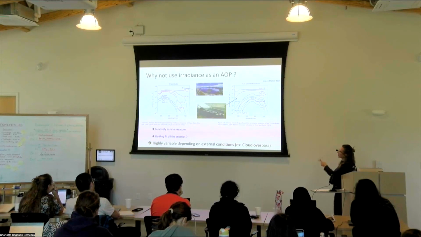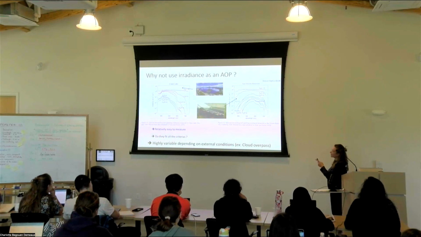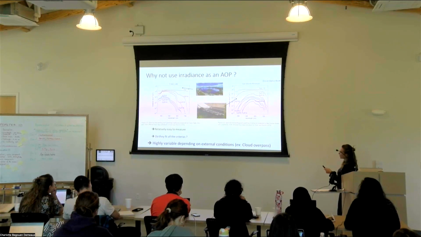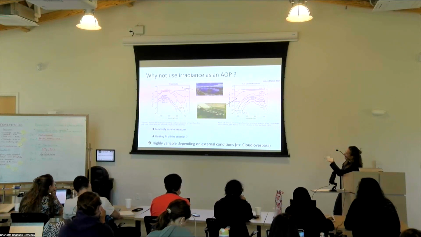Emmanuel just covered this, but ideally you would have liked to use Ed or Eu or any of the Es as an AOP. But we can't, and we're going to see why in a second. For the sake of this lecture, we're going to use two different cases.